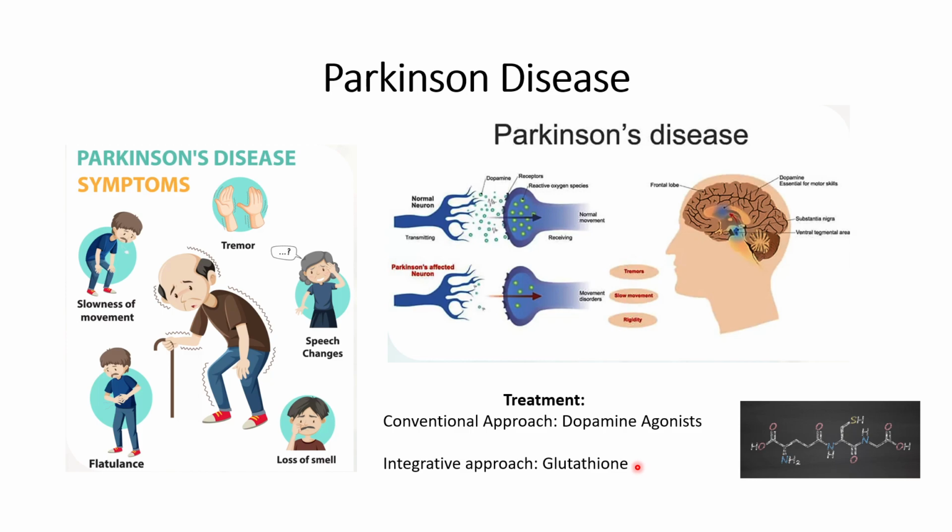And this glutathione has been found to be effective against other neurodegenerative diseases. So this makes a positive case for using glutathione for treating Parkinson disease, as it will reduce the toxic substances that are present within the brains of the patients that are affected by Parkinson disease.